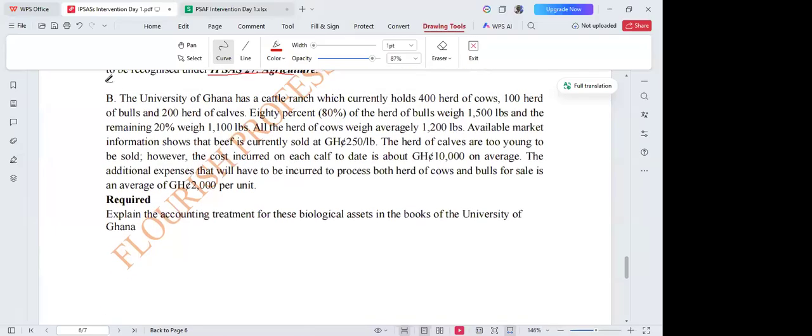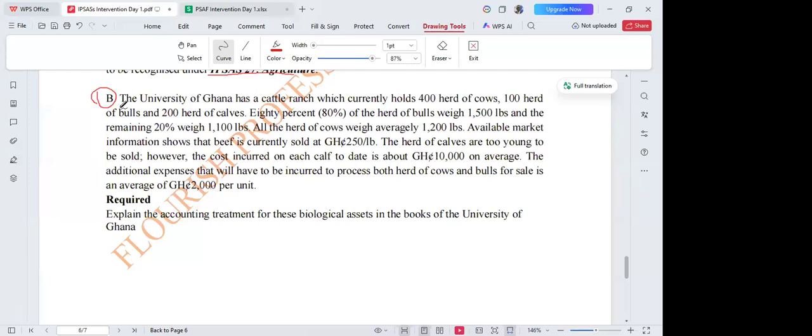We have a B question in this case. So let's go to this. The University of Ghana has a cattle ranch which currently holds 400 heads of cows, 100 heads of bulls, and 200 heads of calves. 80% of the heads of bulls weigh 1,500 lbs, and the remaining 20% weigh 1,100. All the heads of cows weighed averagely 1,200 lbs.